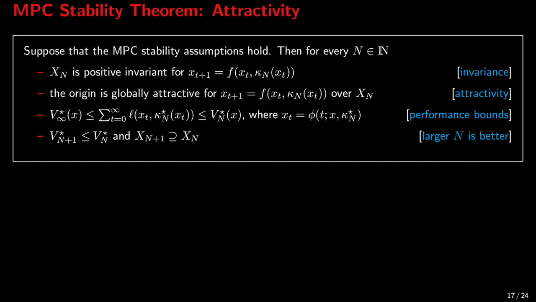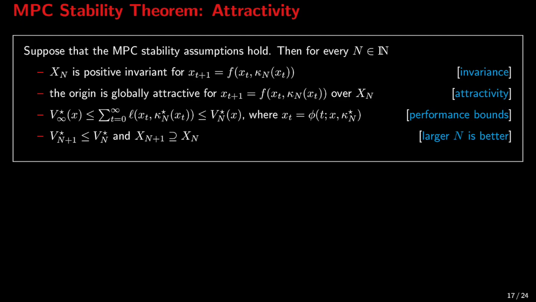This is one observation. It is a higher cost than if we could solve the problem up to an infinite horizon. The second observation is that by solving this finite horizon problem, we obtain a controller, and this controller is precisely kappa N star. This is something we can compute.